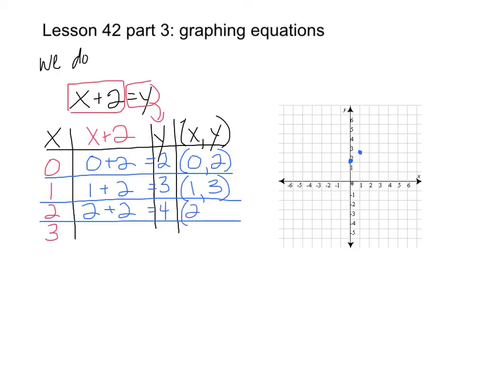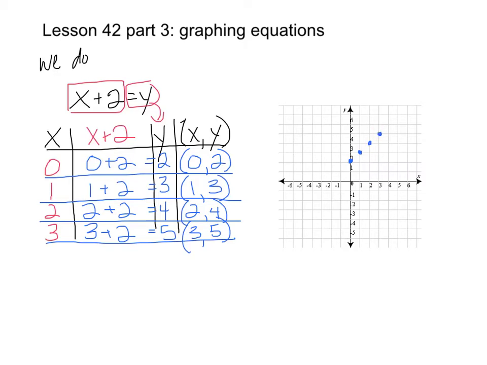So I go to 2 on the x, 4 on the y, right there. And finally, if x is 3, 3 plus 2 equals 5. So when x is 3 in this formula, y is 5. I graph it, 3 on the x, 5 on the y, right there.